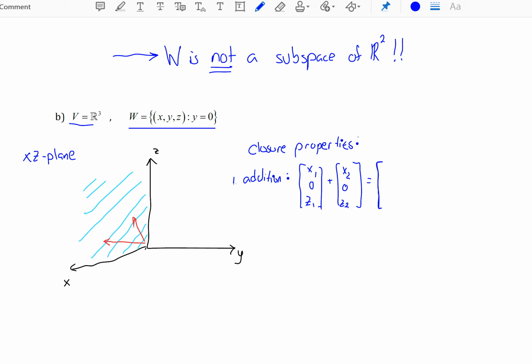If we add these two vectors together, then what we get back is a vector still of 3 components, but the Y component would still be 0. This would be an element of W. I think that's enough to say that we have closure of addition.